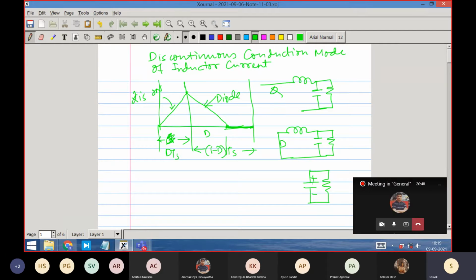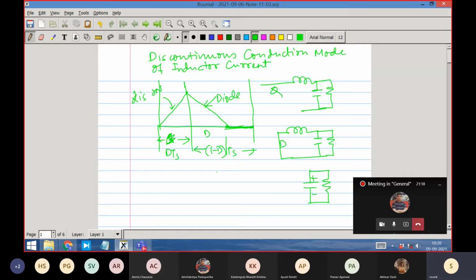Even something which is in continuous conduction mode may land up into discontinuous conduction mode when you are changing the switching frequency. That can also be graphically understood. If you draw a high frequency one and a low frequency one, you can see that if we keep the load resistance same but try to change the frequency, then at a certain point of time, because the ripple is increasing, because the delta IL will be increasing.